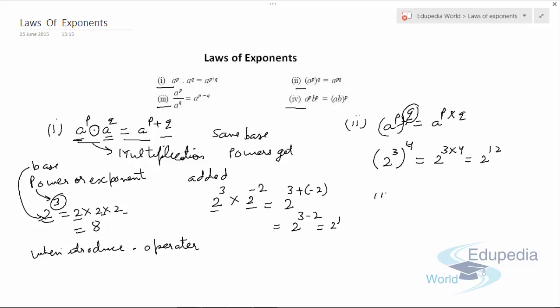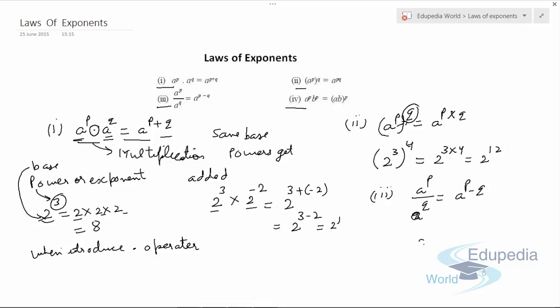So the third law is a raised to power p upon a raised to power q equals to a raised to power p minus q. Means whenever we have same base and they are dividing each other, then the powers get subtracted.